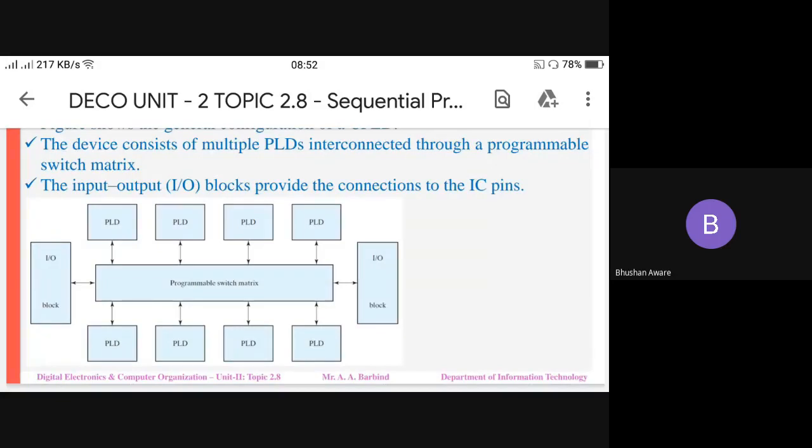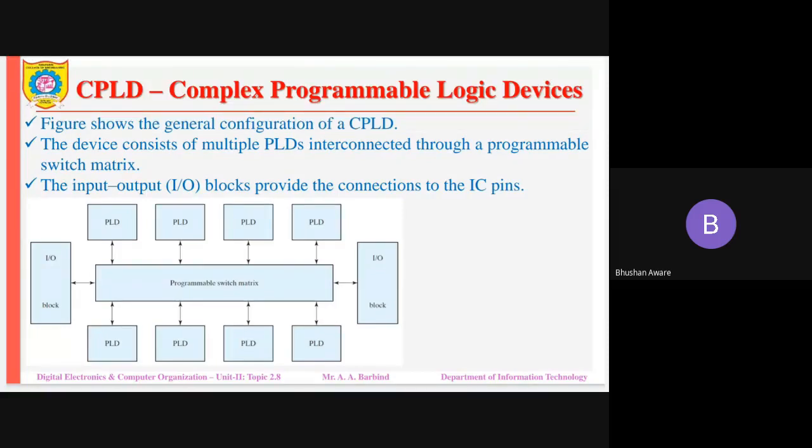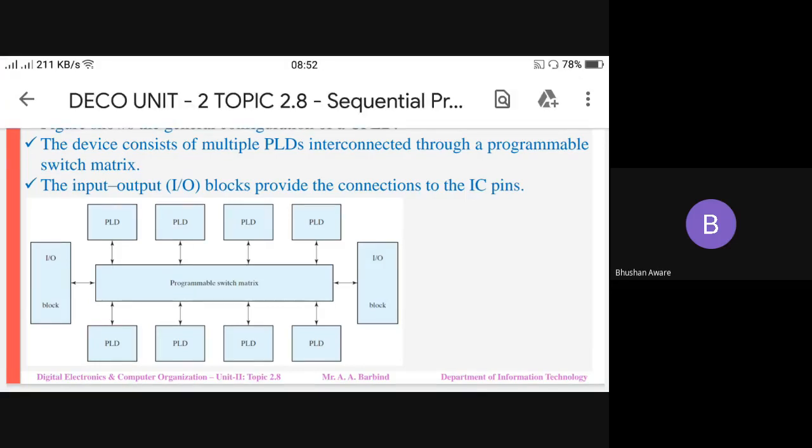In addition to the switch matrix, you can see these PLDs, which are similar to SPLDs. That means a number of SPLDs are connected together, and again there is interconnection between these SPLDs or PLDs by using the programmable switch matrix.